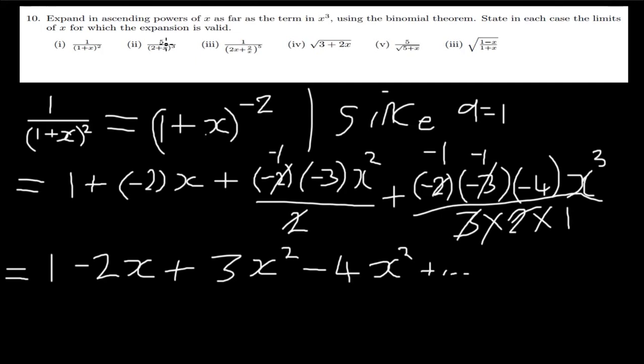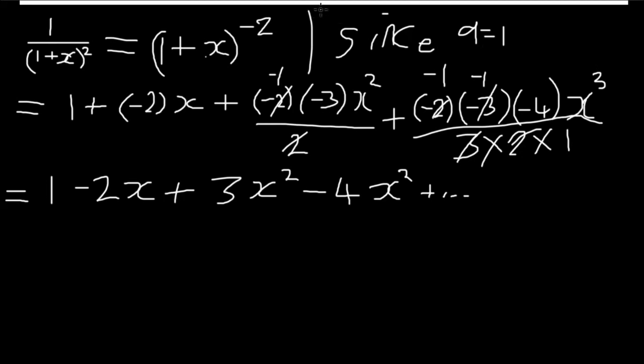So the limits of x for which this expansion is valid, we just get to this point here, we get this x, and then I'm going to find the absolute value of this x. So I'm going to say the absolute value of this x is less than 1.